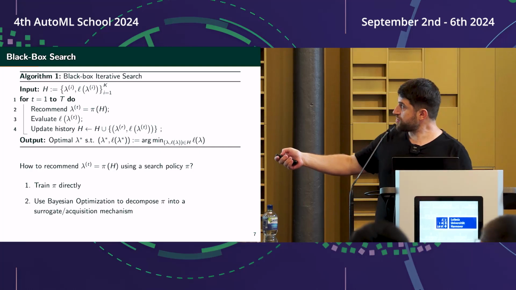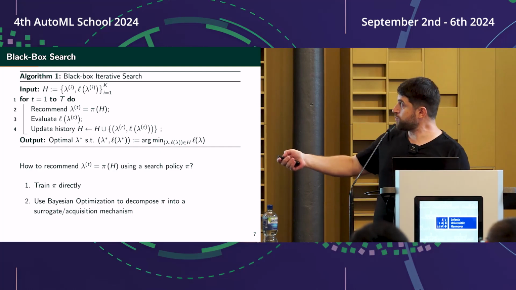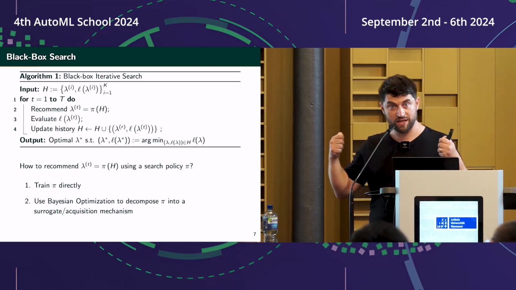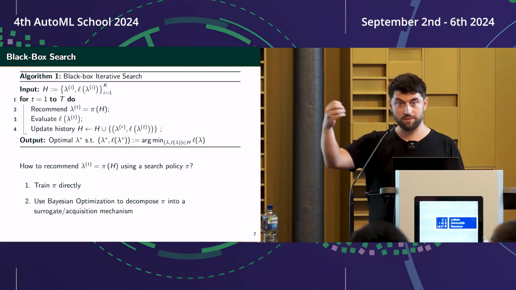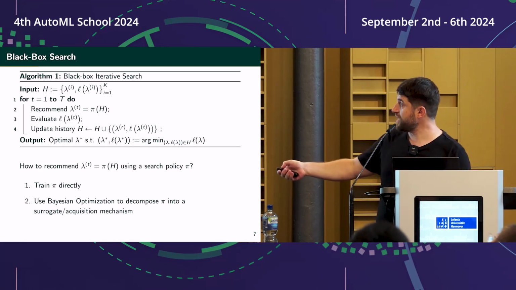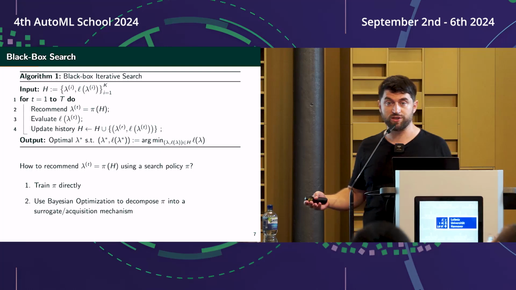After our magic function suggested the next hyperparameter to evaluate, we would evaluate it, meaning we train a neural network with those settings, take the converged weights, measure the validation loss for that particular hyperparameter configuration, add it to the history, and continue until we run out of budget.